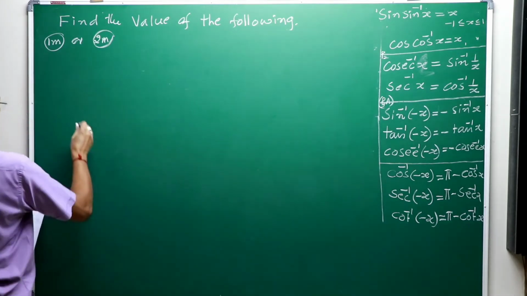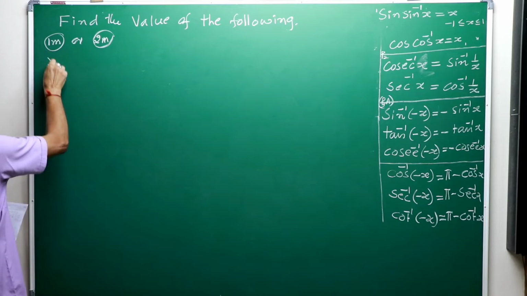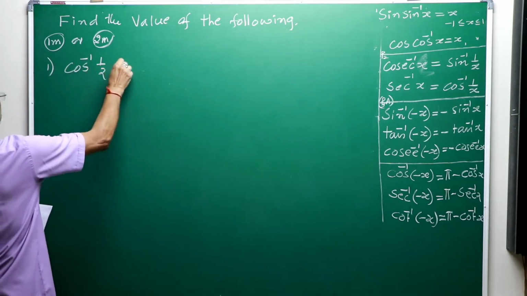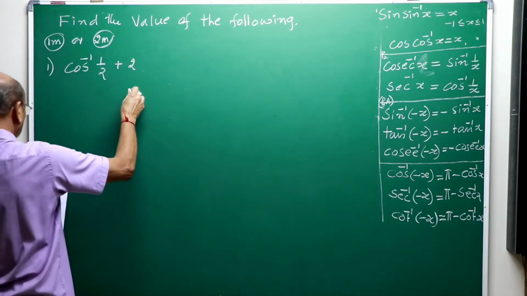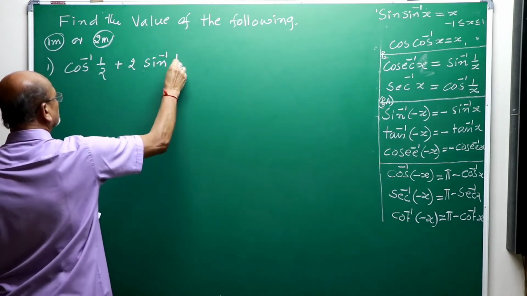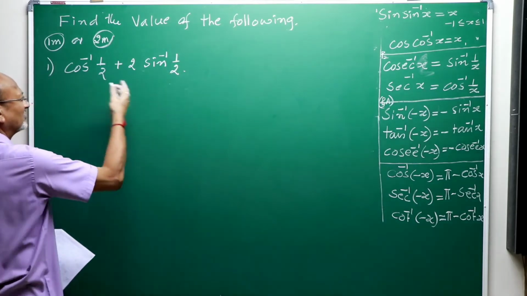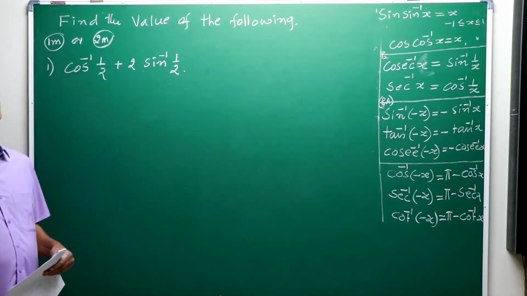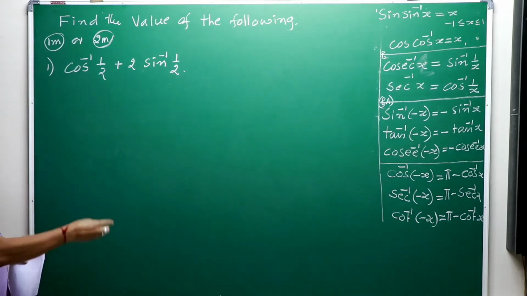Find the value of cos inverse 1 by 2 plus 2 sin inverse 1 by 2. Once again you have those simple inverse trigonometric functions. Just put their values.